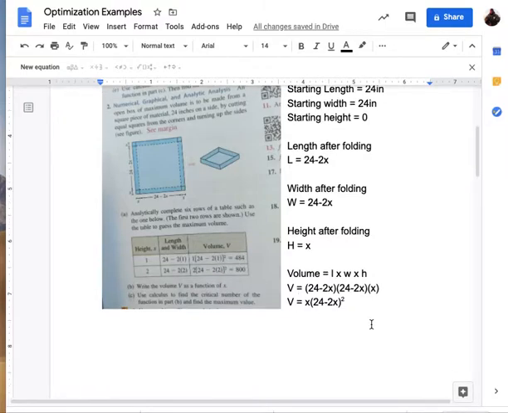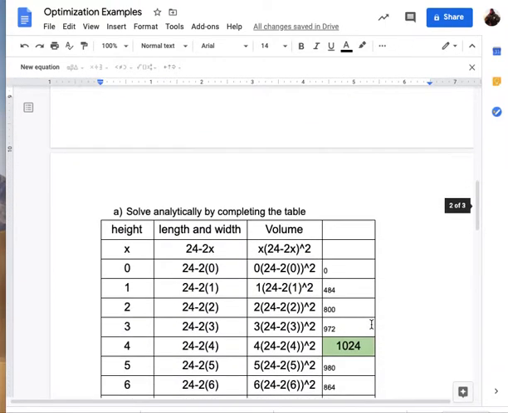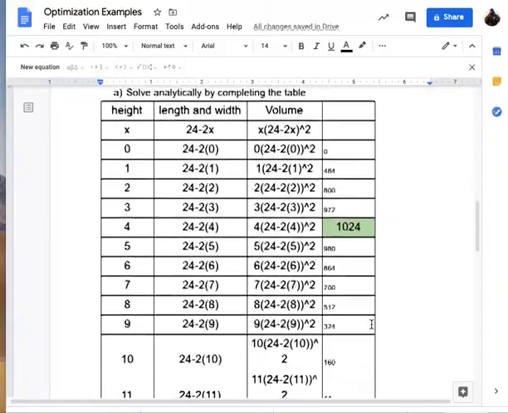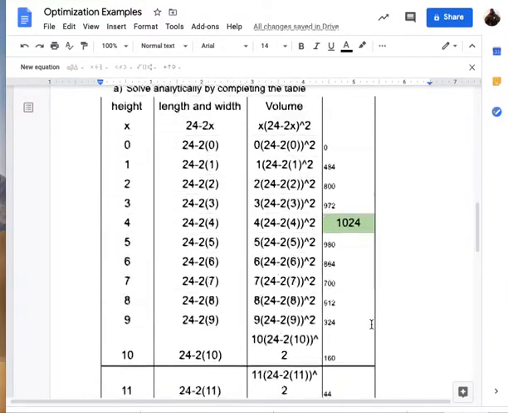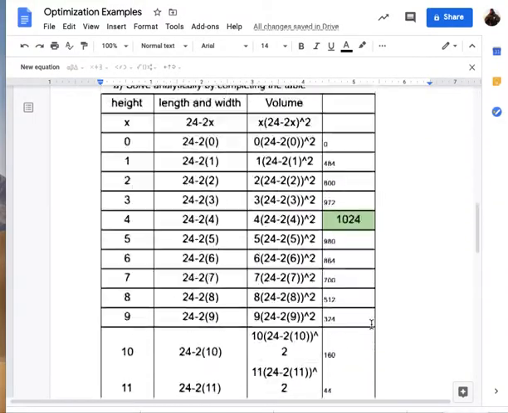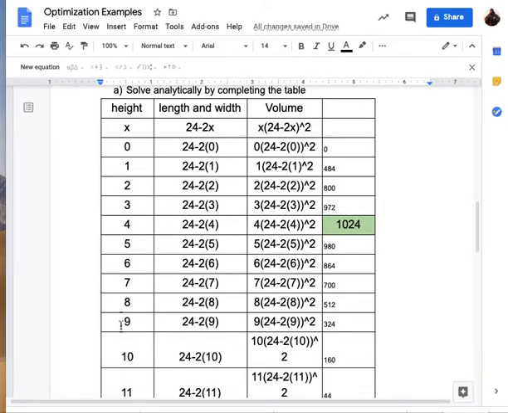Now I did that, but I cheated. I used Google Sheets. And I've copied my Google Sheet right here, and I've actually gone all the way up to 12. So we've got our height of our box, our x values. Our length was 24 minus 2x, and you can see I plugged all the different x values, or length and width, in there. And then I have written out the volume equation, x times 24 minus 2x squared, and I've done that with the numbers in every piece here.